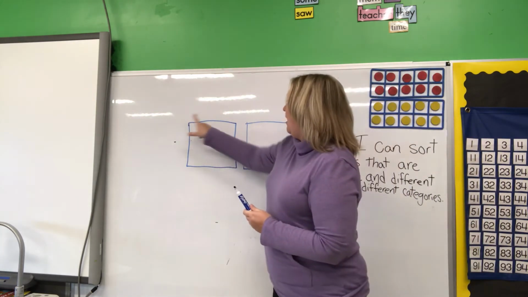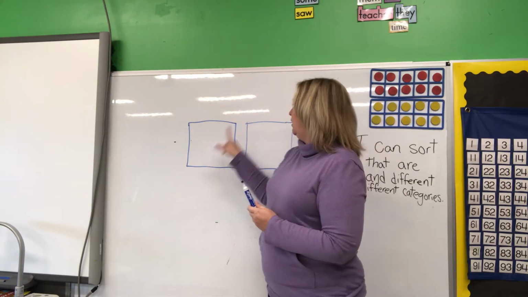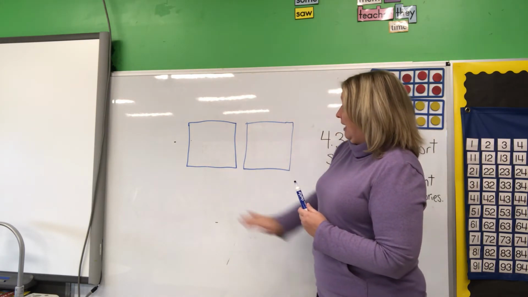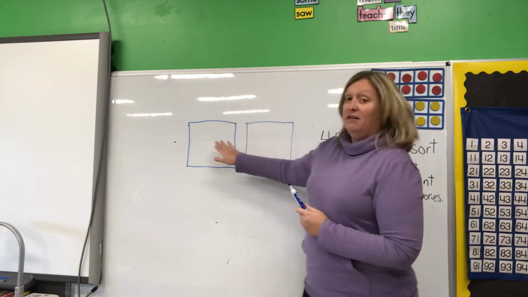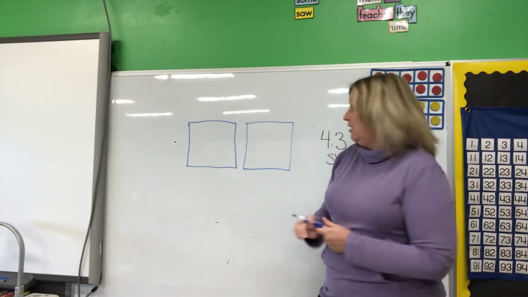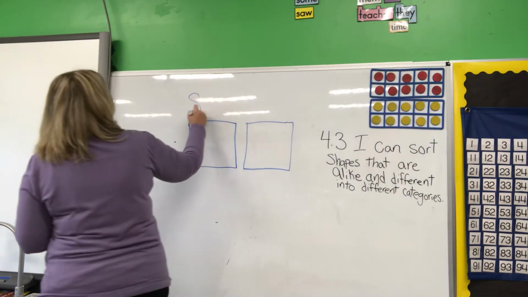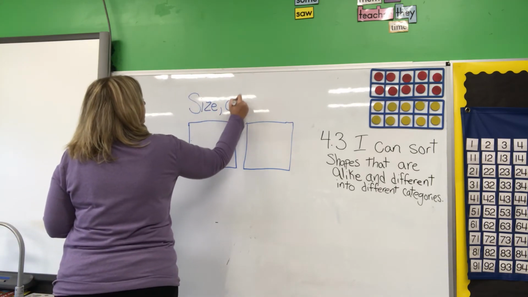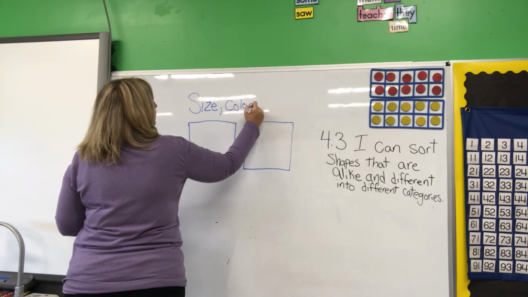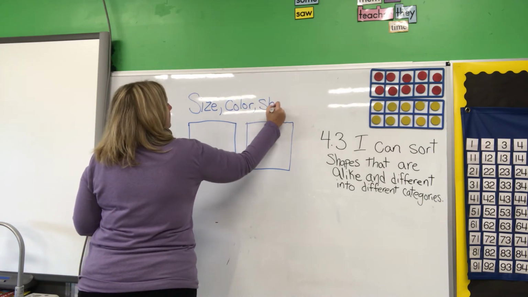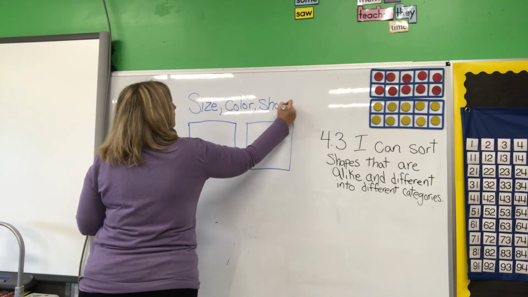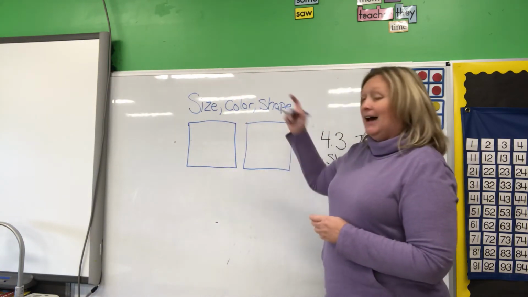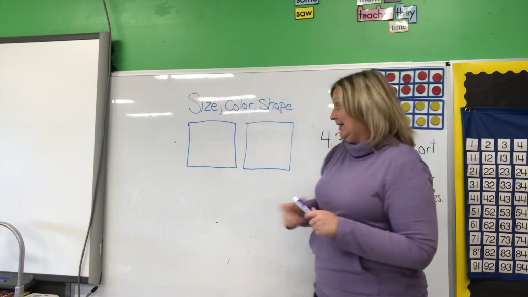And they both have 4 corners or vertices. They are also both the same size. So I can look at size, I can look at color, I can look at shape, and I can look at the number of sides they have to tell how they are alike and different.